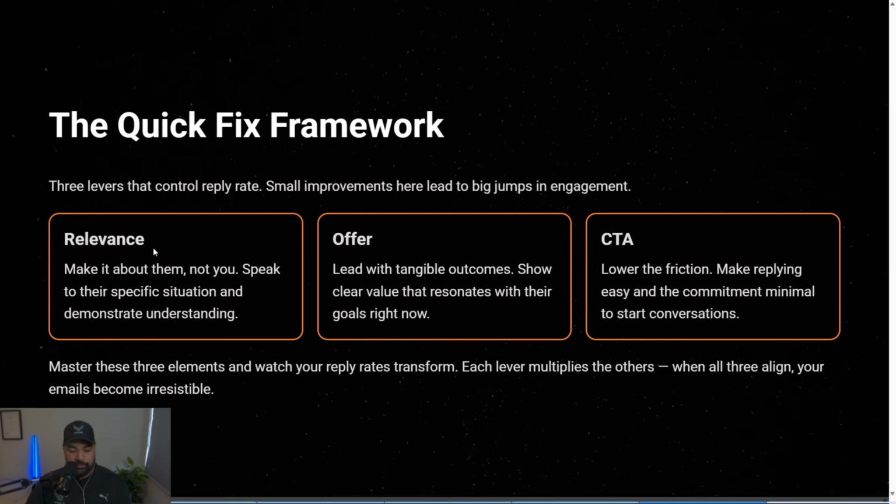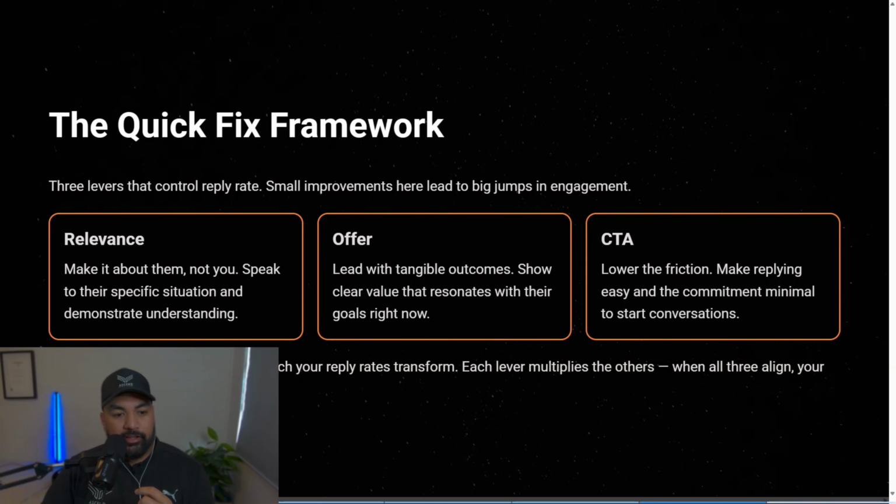I've talked about on this channel ways that you can craft a cold email offer that is tailor made for cold traffic, because you kind of have to approach strangers in a different way than you would a warm audience. And cold email is essentially a cold traffic outbound system. And then lastly, it could be the CTA. So just improving the CTA, lowering the friction, making it easy for them to reply, and keeping commitment minimal can help.